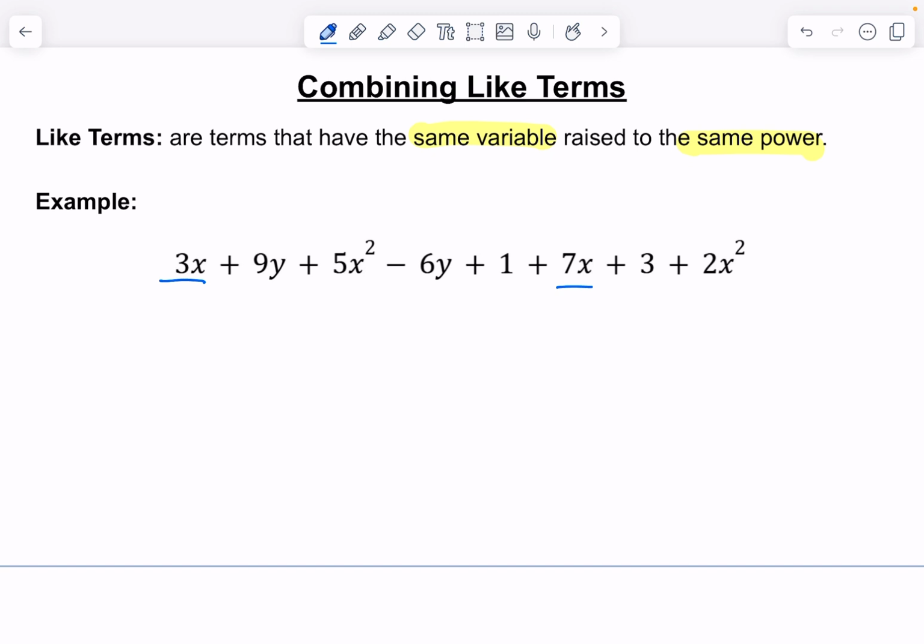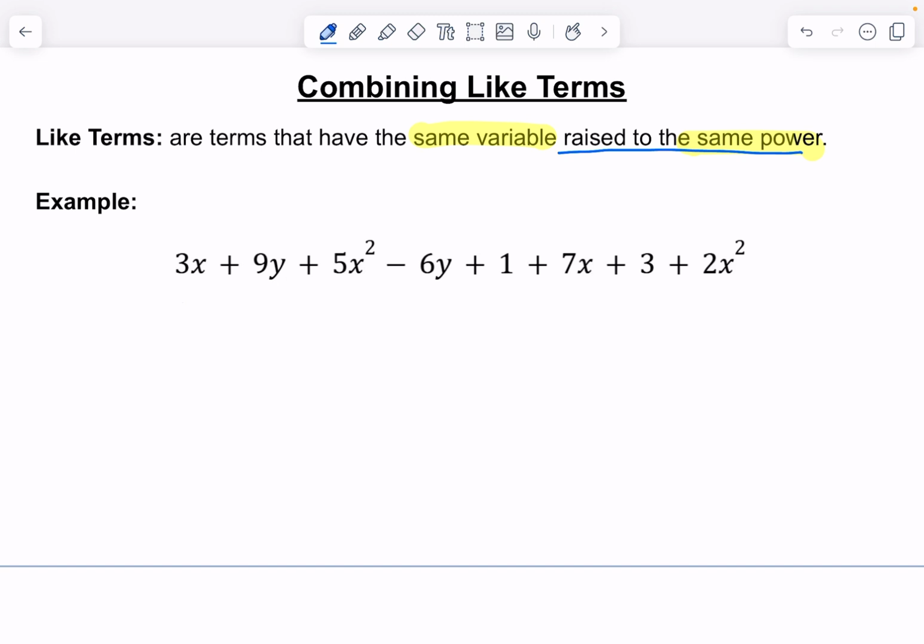Now, when it says raised to the same power, what that means is this 3x here cannot be combined with the 5x because the 5x is actually 5x squared. So that is to the second power, whereas 3x, the x is not to the second power, so they are not like terms. They have to have the same power on the variable, and they have to have the same variable.